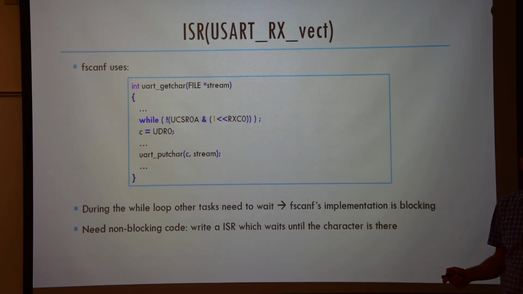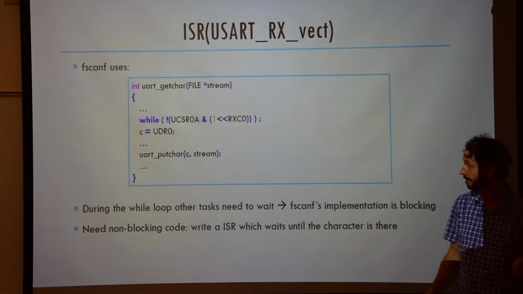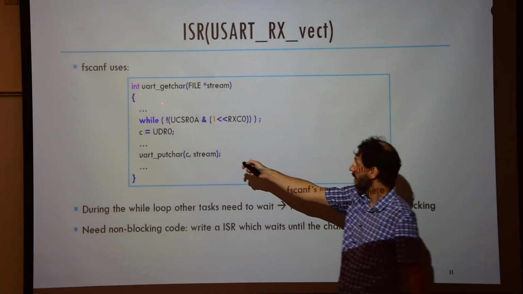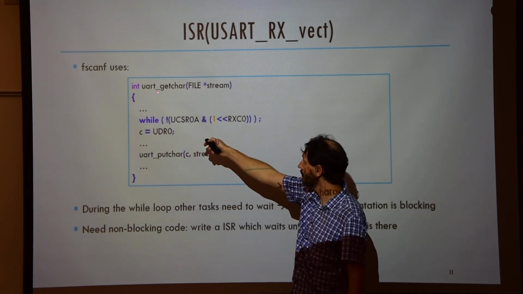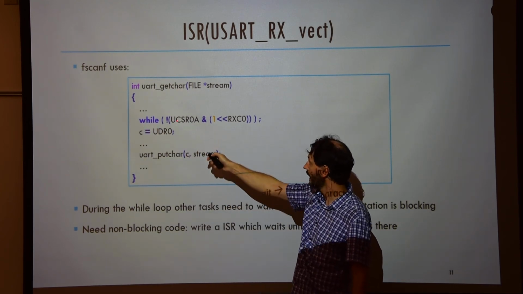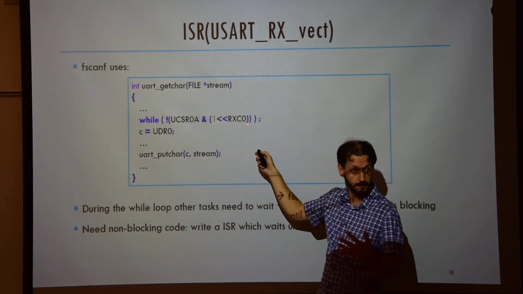And let's have an example. So in this example, I'm going to explain to you how you can make the UART non-blocking. Remember, if we call fscanf, it's going to use the UART get character. And in that UART get character, we see this particular statement.